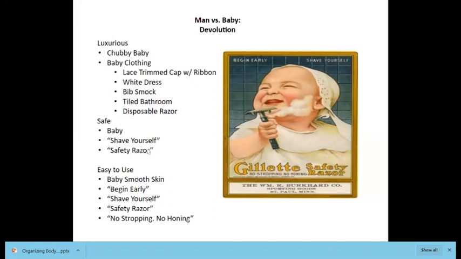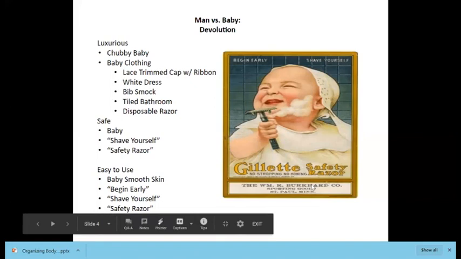The idea that you can shave yourself ties back to the idea that this razor was recently invented, and most people at this time, if they don't have access to the Gillette safety razor, are using a very sharp open blade razor, which is dangerous. We also have down here in the text that they have emphasized that it is a safety razor.